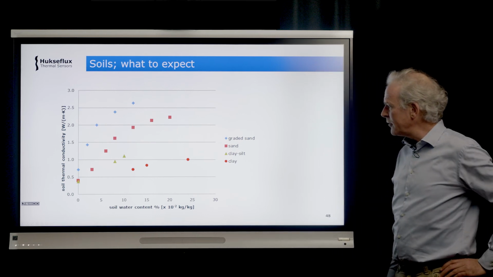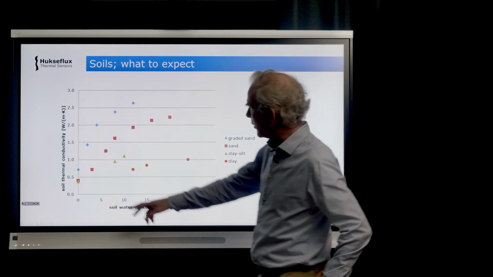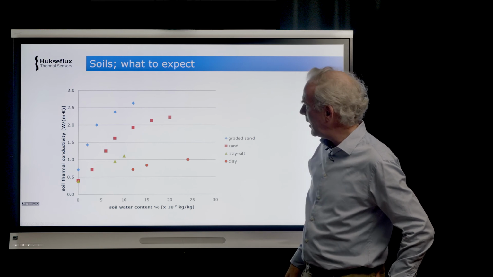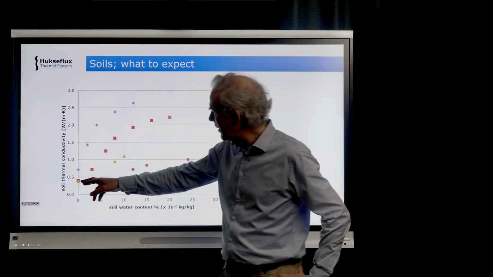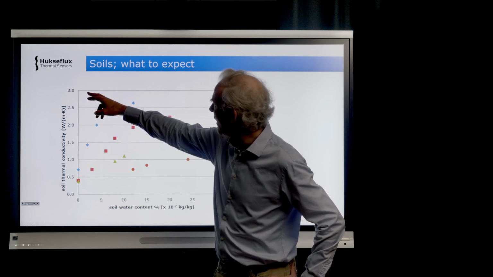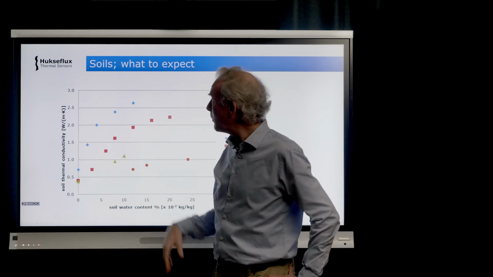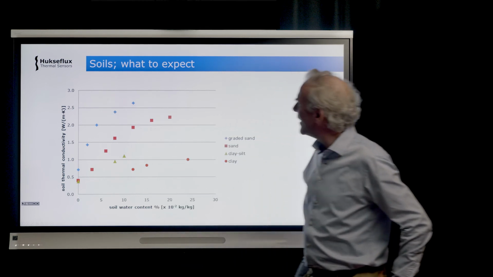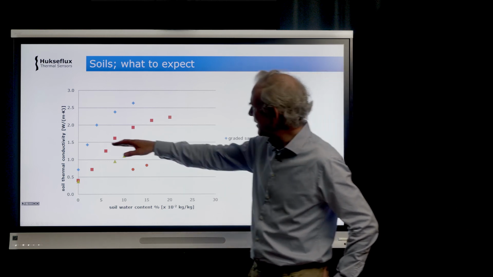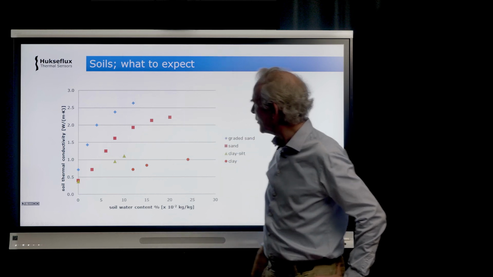So here is a graph of what to expect. On the vertical axis there's the soil thermal conductivity, and it basically varies between, let's say, 0.3 and 3. So 0.3 is more or less like a plastic, 3 more or less, well, let's say 1 is glass, 10 is stainless steel, somewhere in between those.